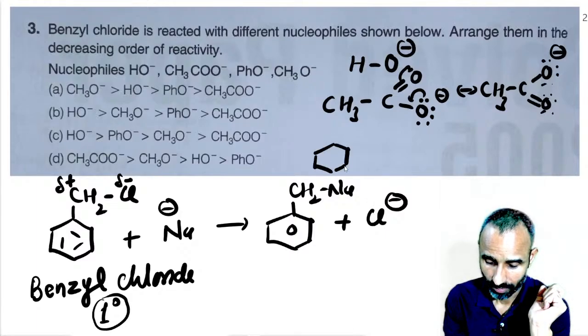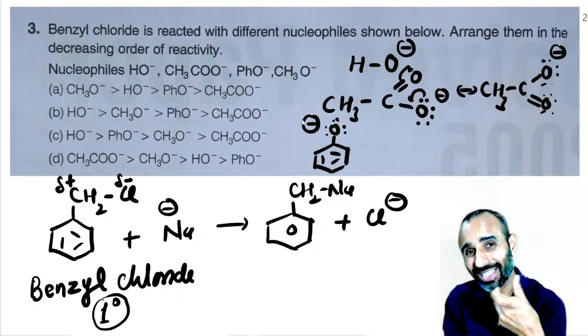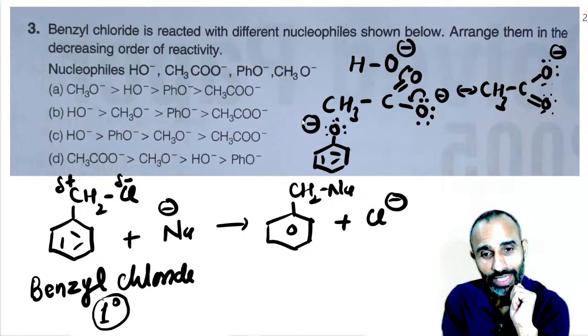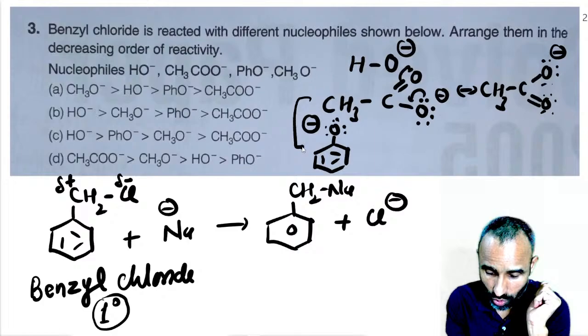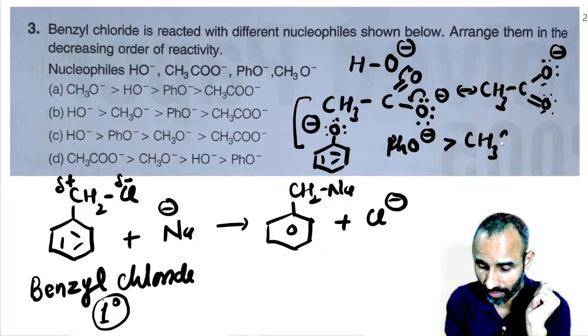Phenoxide is again resonance stabilized, but less than the carboxylate ion. If we compare these two only, the phenoxide ion is more nucleophilic than the acetate ion.